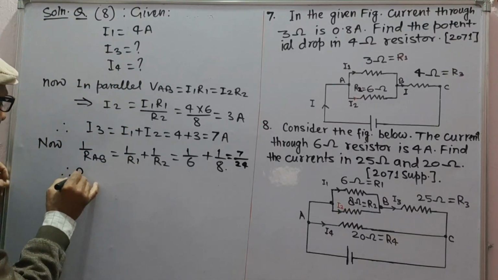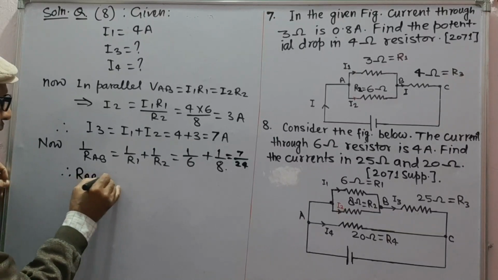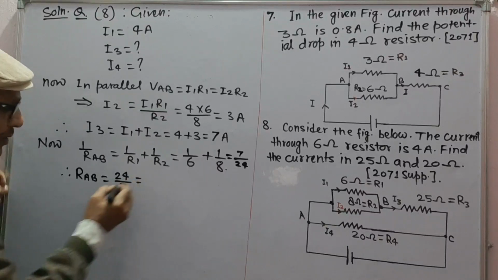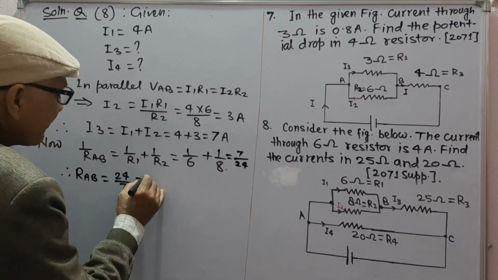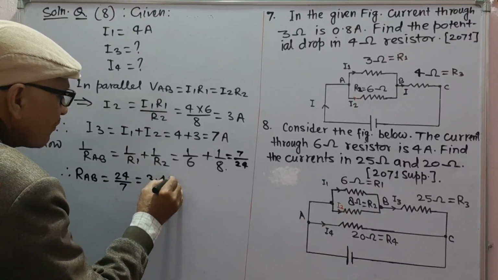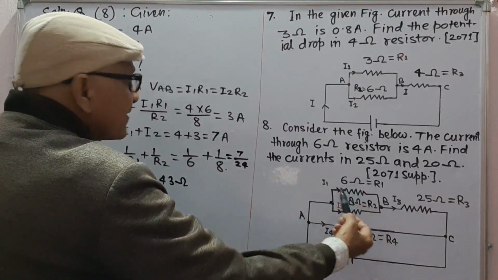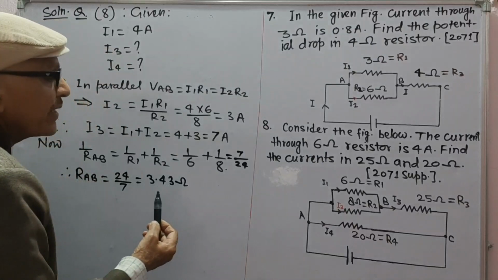Therefore, RAB will be equal to 24 upon 7, which is 3.43 ohm. Thus, the resultant of these two parallel resistors is 3.43 ohms.